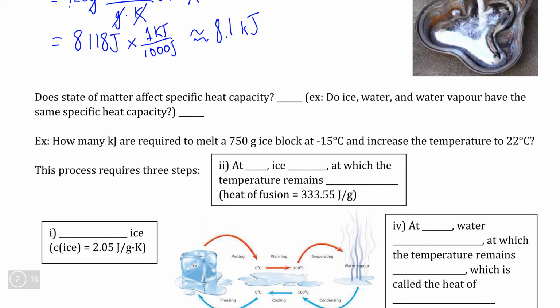The second application we can look at is in comparing different states of matter. Now, if we consider water, for example, do you think that ice, water, and water vapor all have the same specific heat capacity?